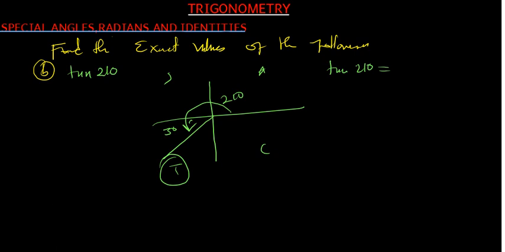It is 30. So it's the same as tan 30 degrees. Now notice that tan is positive in the third quadrant, so this will simply be a positive value. Okay. Now what is tan 30? So tan 30 is 1 over root 3. So that would be the exact value in this case, 1 over root 3.